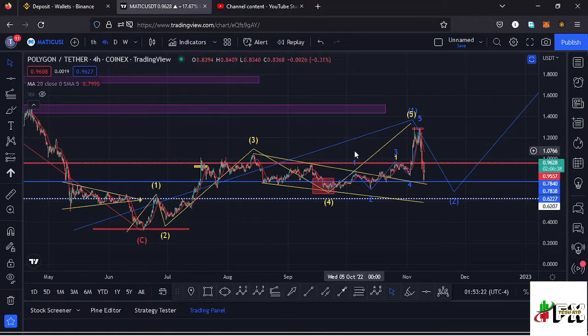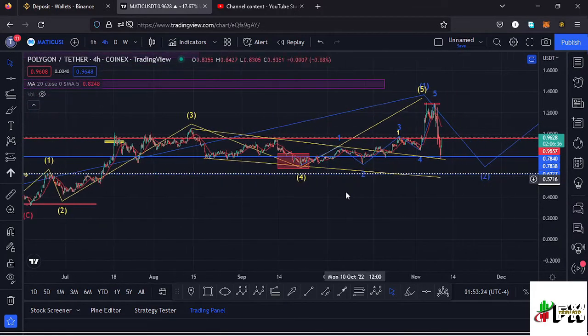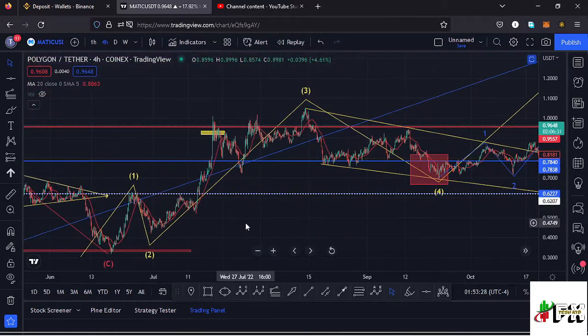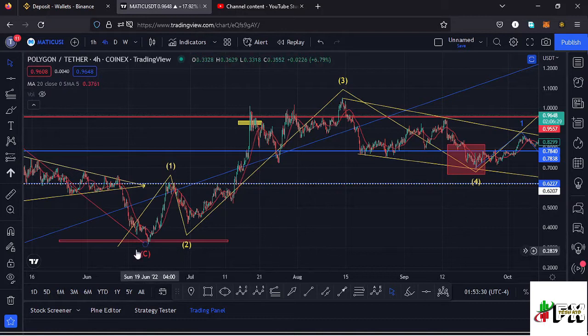If I zoom in so that I can get to the details of the formation of that second wave in this Elliott wave structure in yellow, you can see we saw a very nice bounce to the upper side in the formation of a wave 1, retraced in the formation of a wave 2, then a very nice bounce to the upper side in the formation of a wave 3.